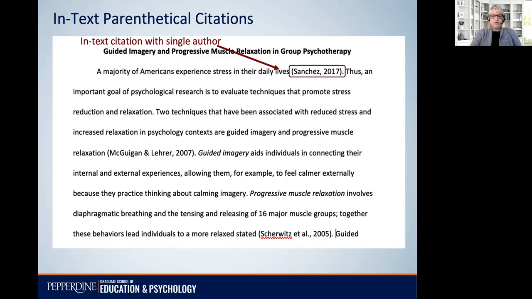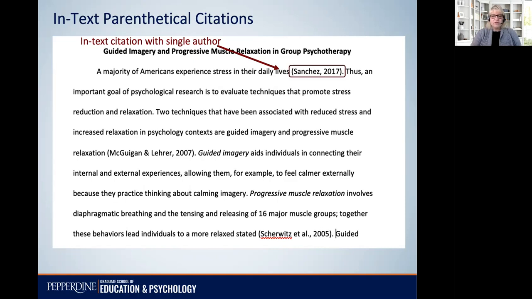One is in an abbreviated in-text citation within your document, within the body of your paragraph. And then the second is you fully explain and describe the source at the end in your reference page.